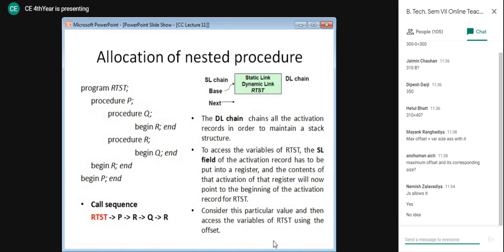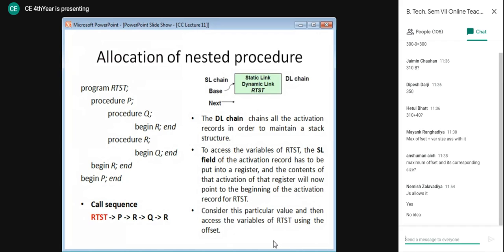Now we need to consider this value and access the variables of main using the offset. So if a static link is maintained for a particular procedure in another procedure, then that activation record can be accessed, and further its variables also.